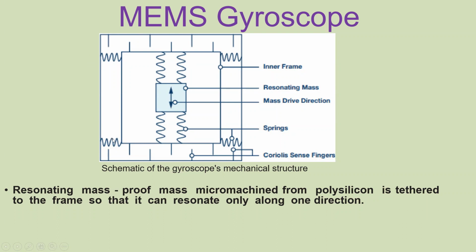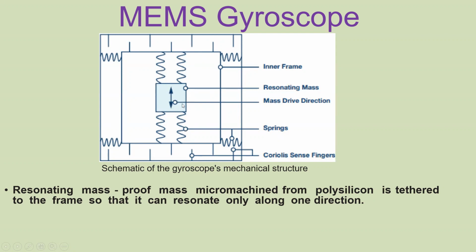And if you have this whole object rotating, then what will be the effect? An object is rotating, and at the same time, this object is only rotating, but this resonating mass, as this is inside this frame, this non-inertial frame which is rotating, will now be rotating and moving in a linear direction.